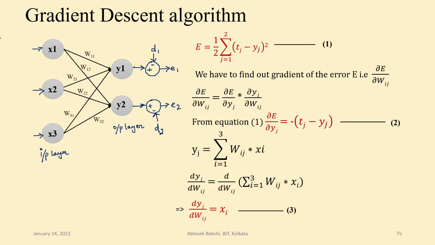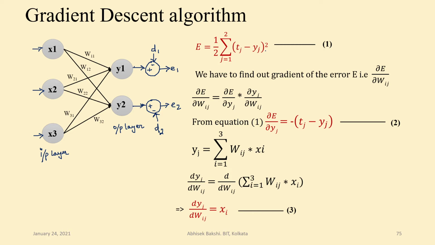Fine. Now if you watch this equation 1 carefully, one thing is sure: this particular term doesn't contain any wij right now. So if you want to find the derivative of error with respect to wij directly from this equation, it will be pretty tough.